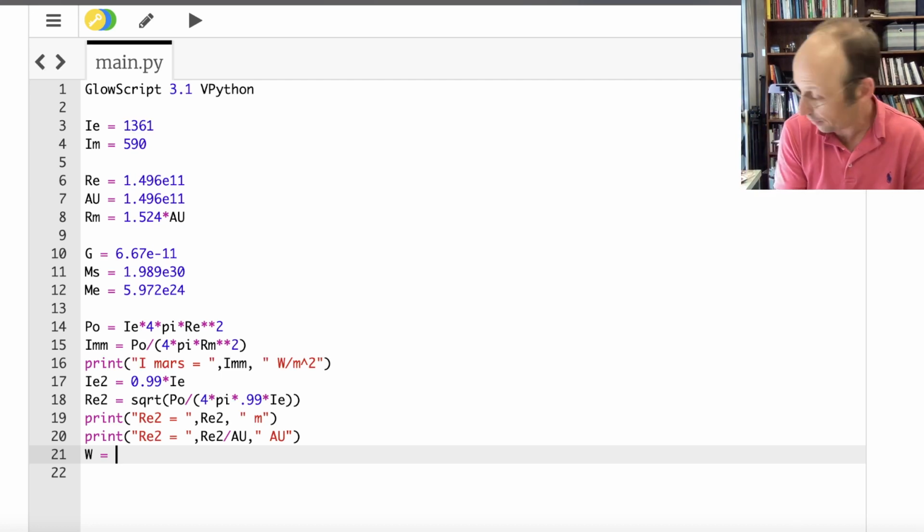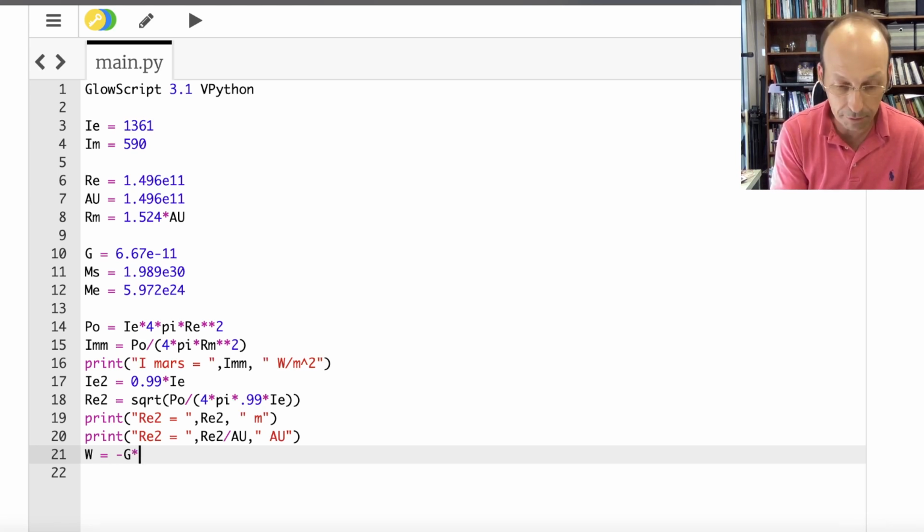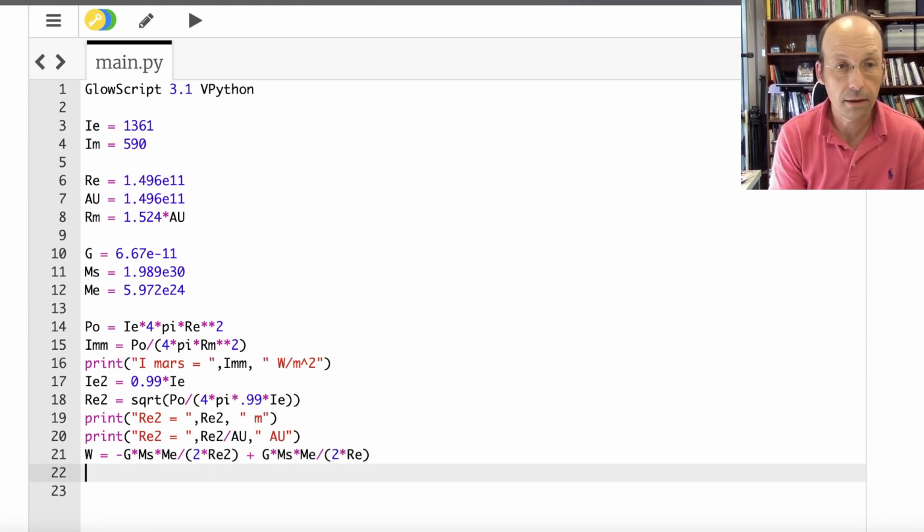So minus G times mass of the Sun, MS, times ME divided by 2 times RE2, plus G times MS times ME divided by 2 times RE1. I could have factored that out. Print work equals W joules.